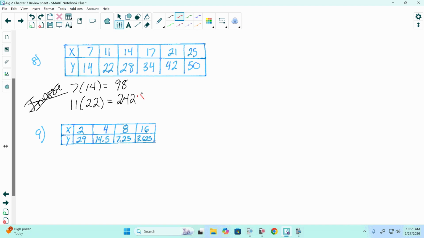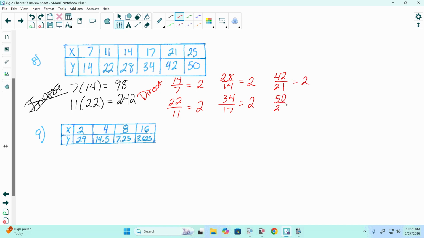So now we can move on to direct. Well, it doesn't matter which one we put on top. We normally put the y's on top, because 14 divided by 7 is 2. 22 divided by 11 is 2. 28 divided by 14, 2. 34 divided by 17 is 2. 42 divided by 21 is 2.